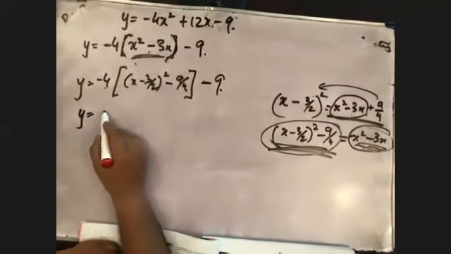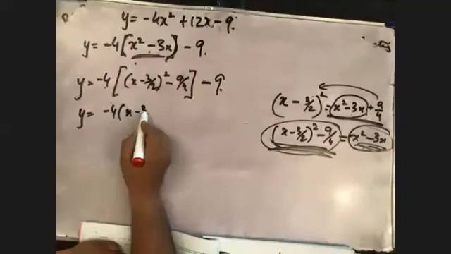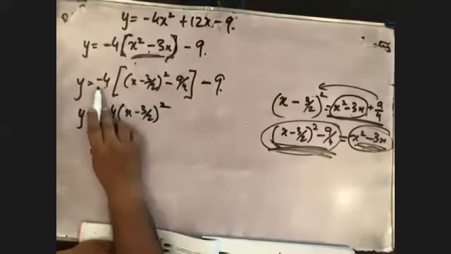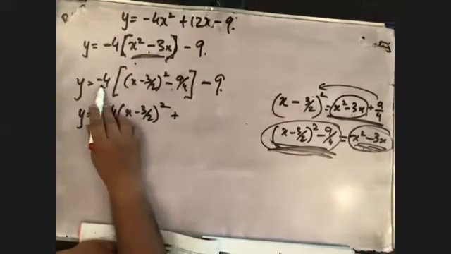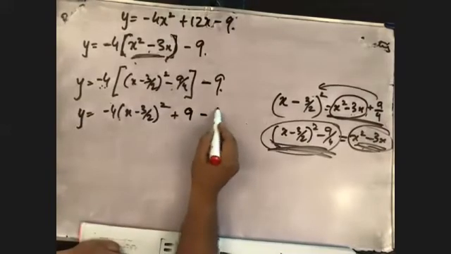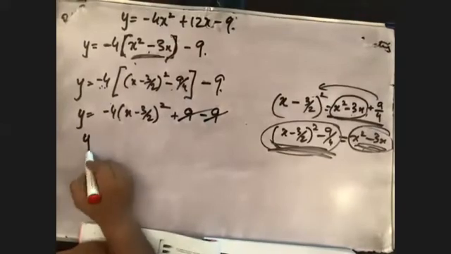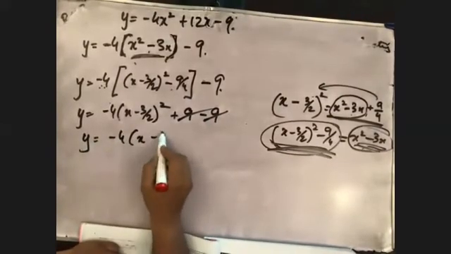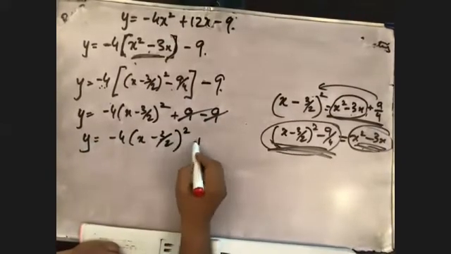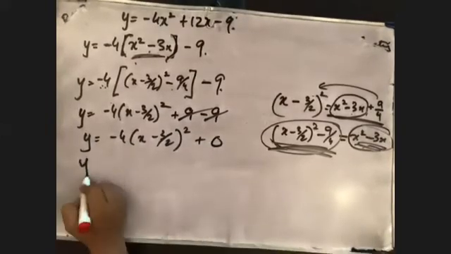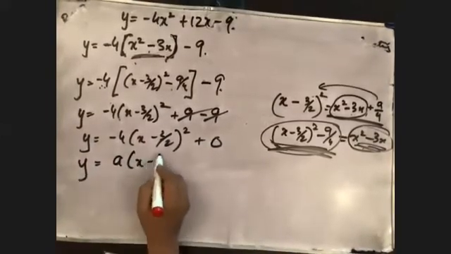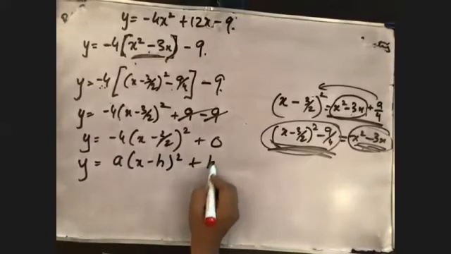This goes with this: minus 4 times (x minus 3 over 2) whole thing squared. Minus into minus is plus. 4 times 9 over 4 is 9, so this becomes 9 and this is minus 9. I got y is equal to minus 4 into (x minus 3 over 2) whole thing squared plus 0. This is in the format of a into (x minus h) whole thing squared plus k.